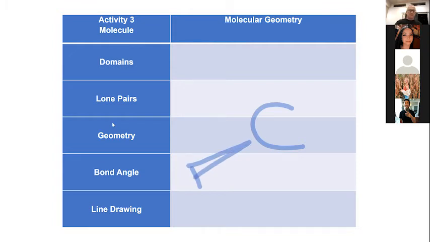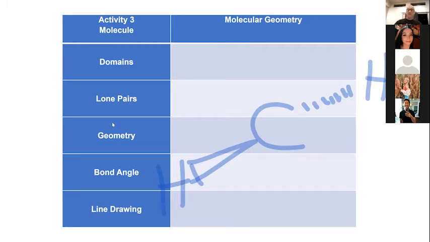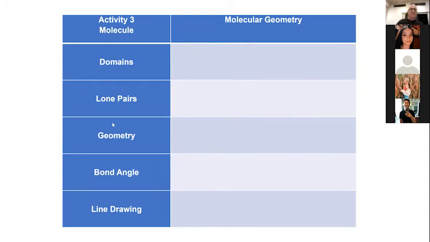You show a wedge coming out of the screen with your hydrogen there. You have another one with a hatched line that looks like it's behind the screen. And then the other 2 hydrogens are in a plane. So you draw it like that. It roughly looks like it has a three-dimensional shape. So do that for the 9 molecules you've chosen.